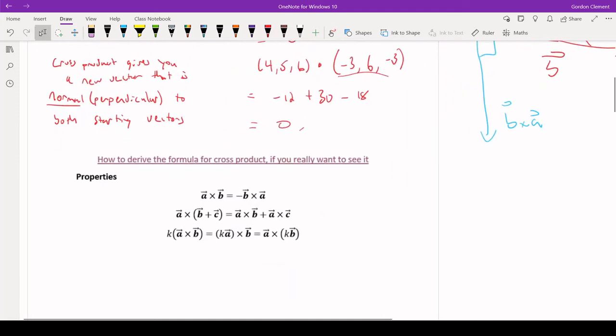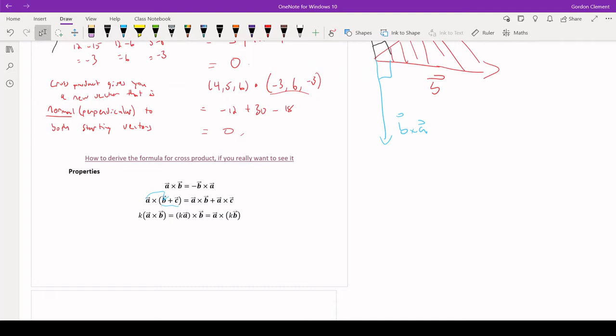It is distributive, so if you're doing A crossed with B plus C, you can distribute the cross product through and get A cross B plus A cross C. And then our third property is if you have a constant times a vector times the cross product, you can multiply that constant by one of the starting vectors before doing the cross product, and you'll get the same overall resulting vector.